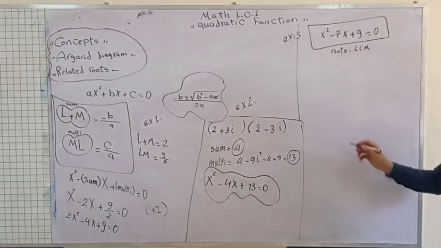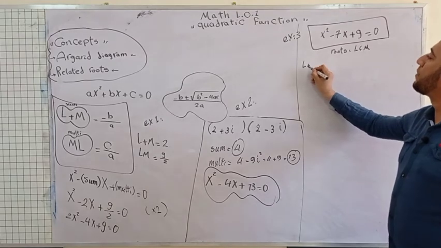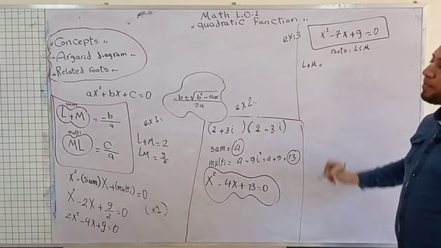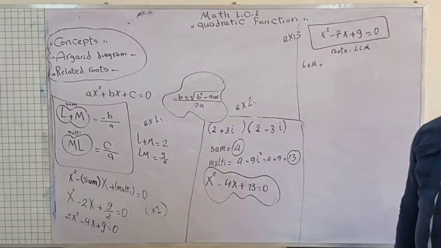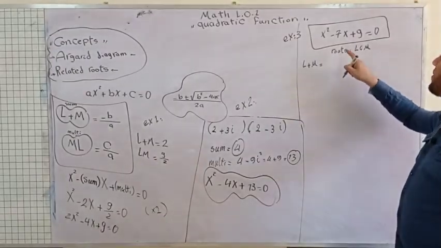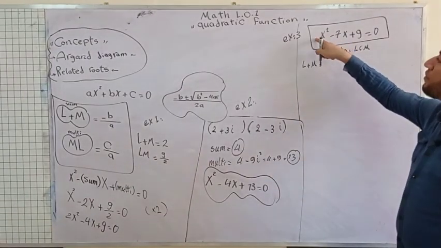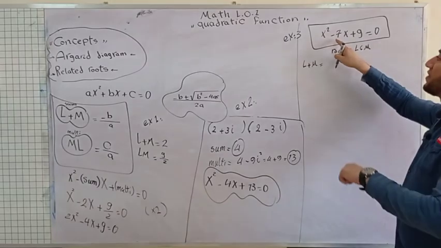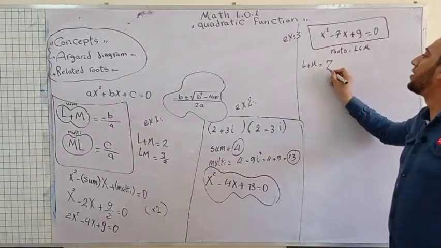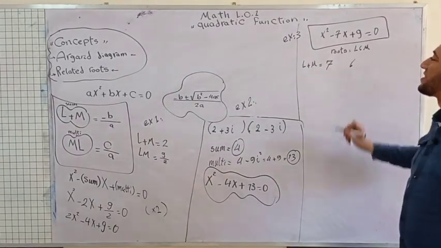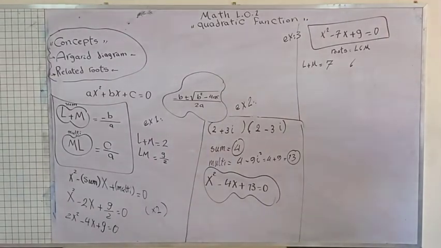L plus M is the sum of the two roots, which equals minus b over a. Minus minus 7 over 1 equals 7. Then the sum of the two roots is 7.